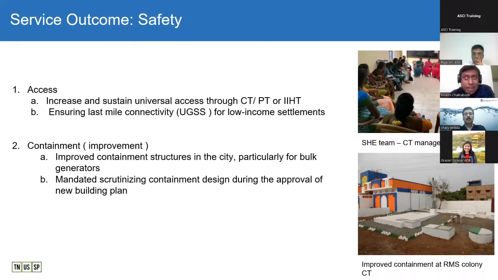The gender components, which I'll discuss later, were introduced. This entire investment came mostly from the ULB as well as some CRS funding. And not only the infrastructure side, parallelly the operation management side was also strengthened.